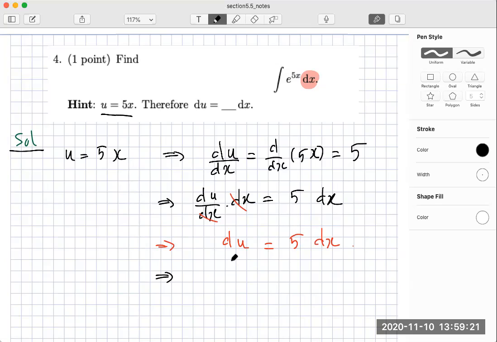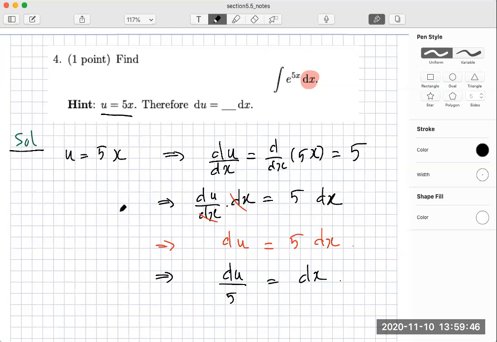Yeah, we divide both sides by 5. Therefore, du divided by 5 will be the right-hand side divided by 5, which gives us dx. Okay. Ramin, can you see it? Is that okay? Is it okay now? Vikram?